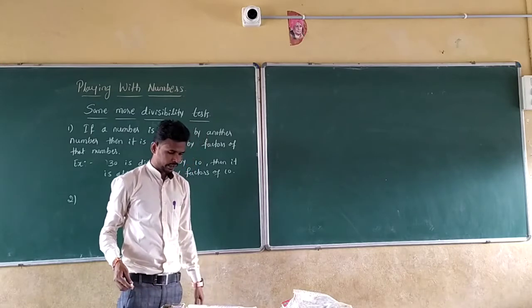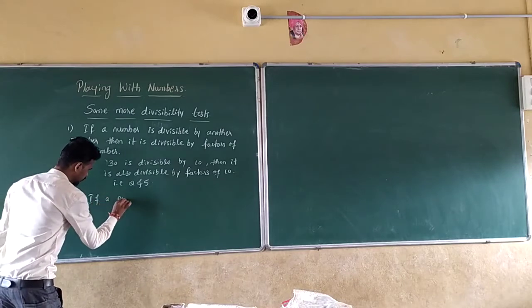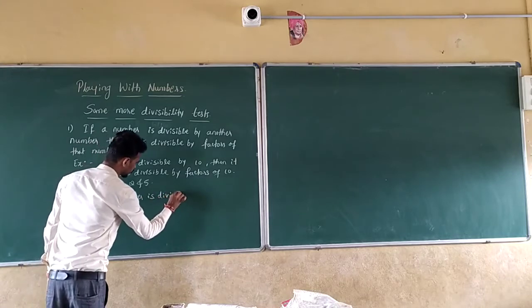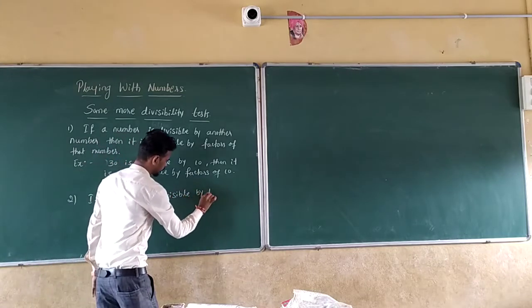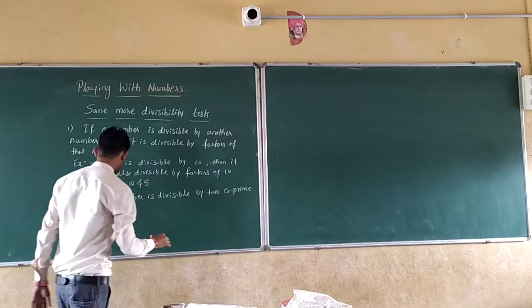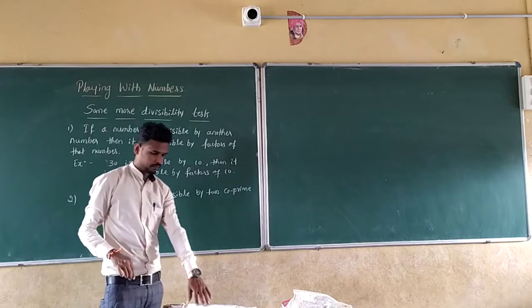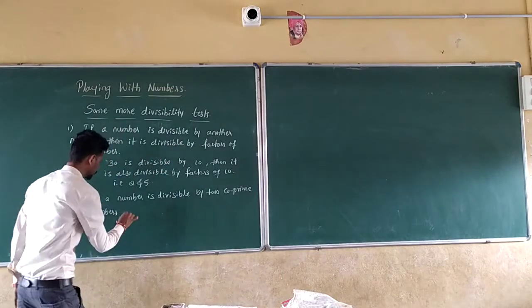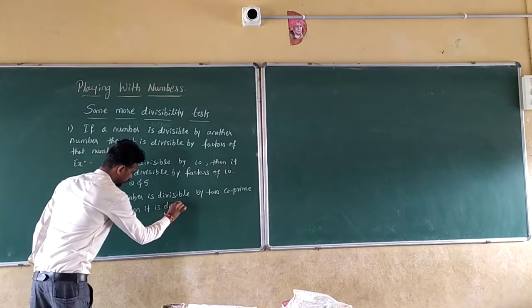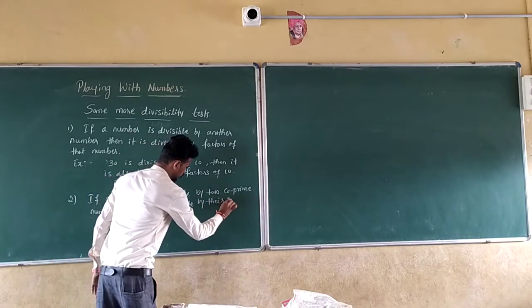If a number is divisible by two co-prime numbers, then it is divisible by their product also.